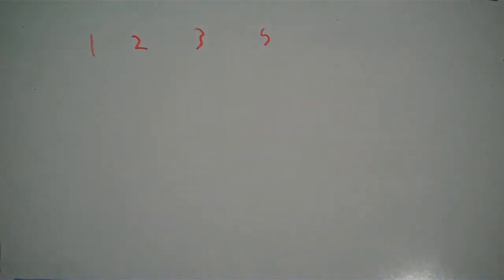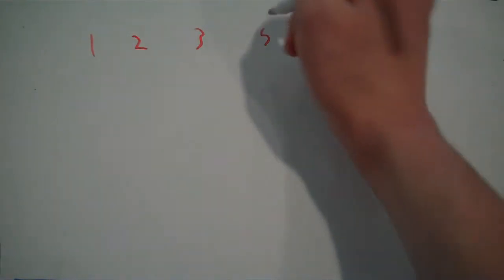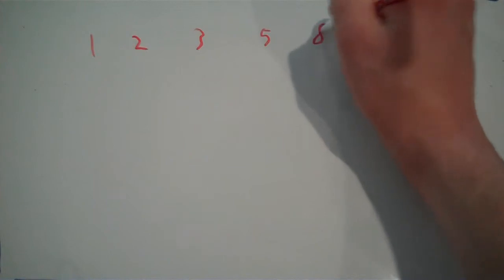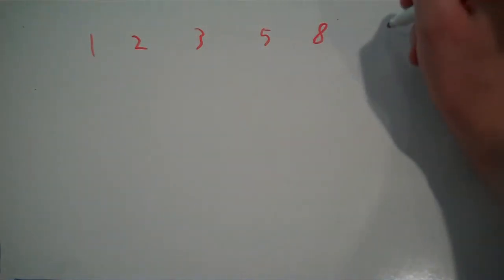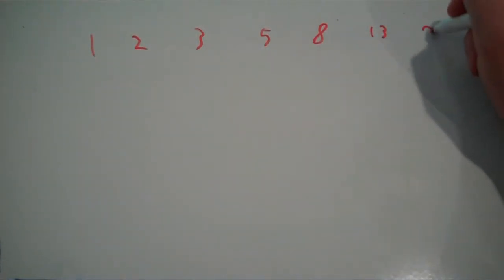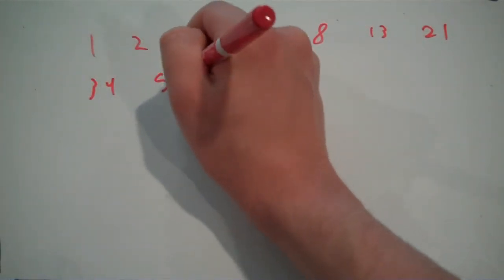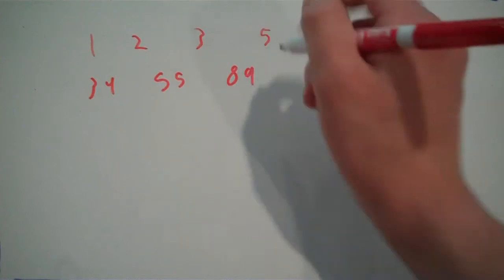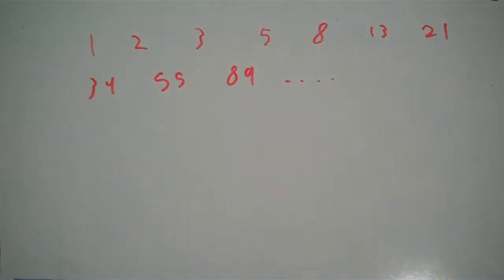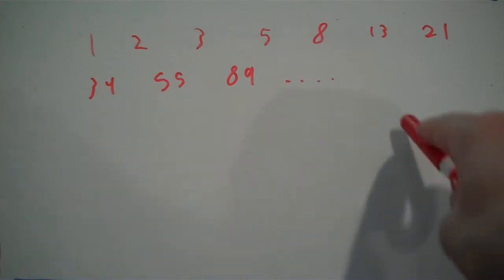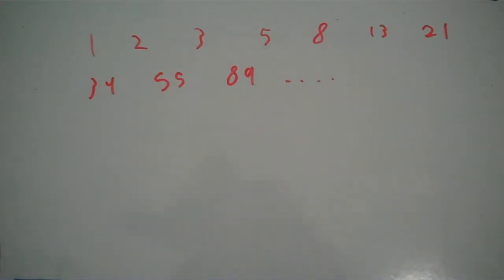Again, to get the fifth term, we add the previous two terms, which were 3 and 5, so we'll get 8. And continuing on, we'll get 13, and then 21, and then 34, and then 55, and then 89, and so on. Just continuing that same pattern. So this is the Fibonacci series. These are Fibonacci numbers.